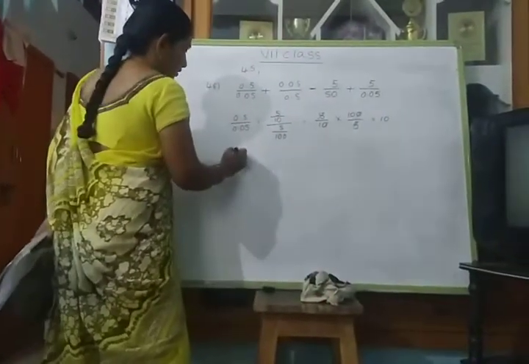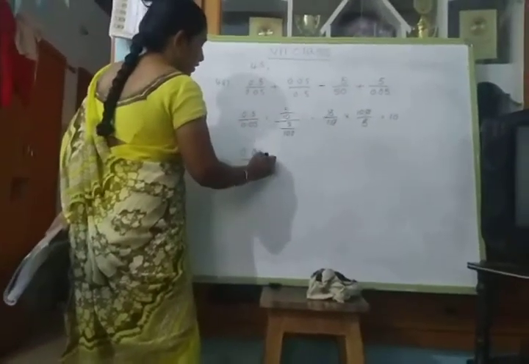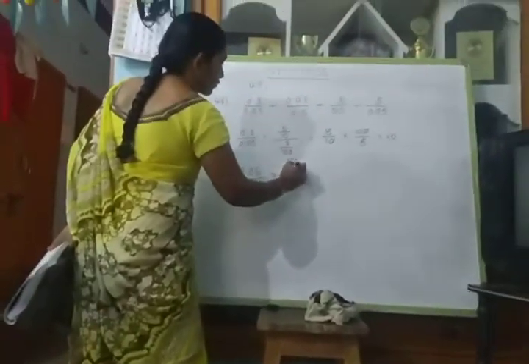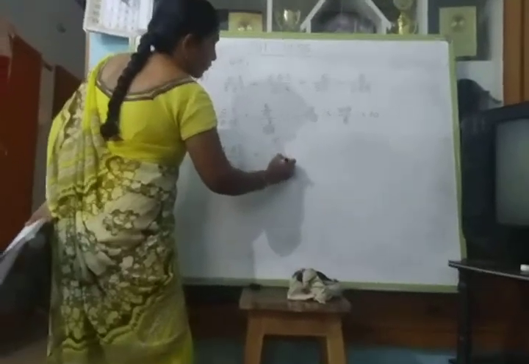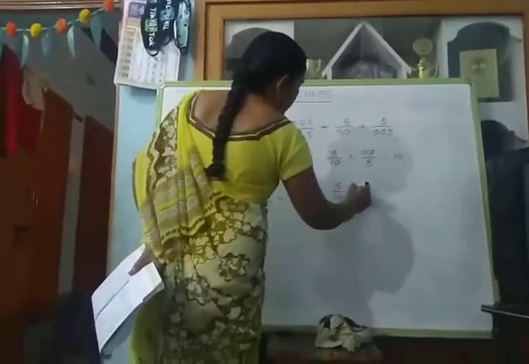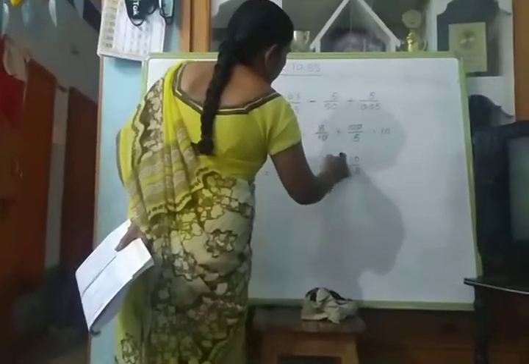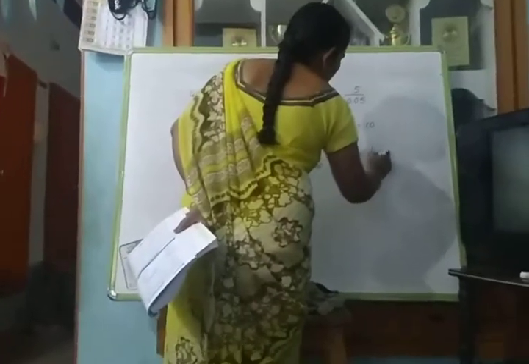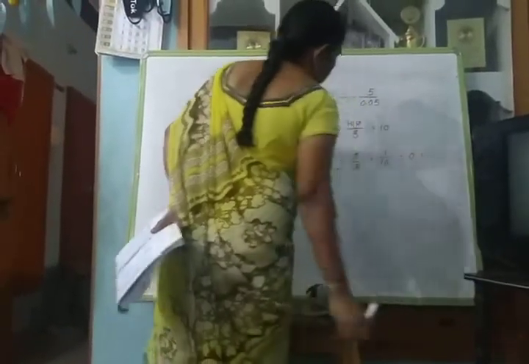Next one, 0.05 by 0.5. Here we have to write the reverse. 5 by 100 by 5 by 10. Then what we will get? 5 by 100 into 10 by 5. 1 by 10 is nothing but what? 1 by 10 is nothing but 0.1.